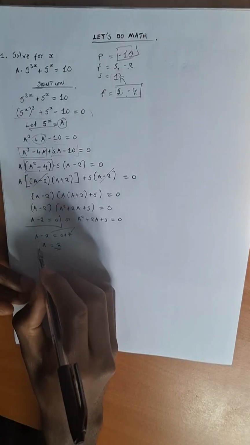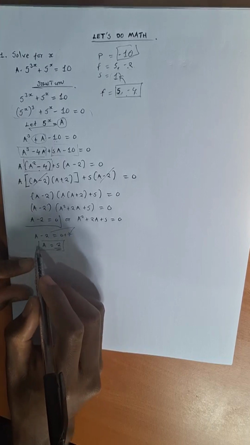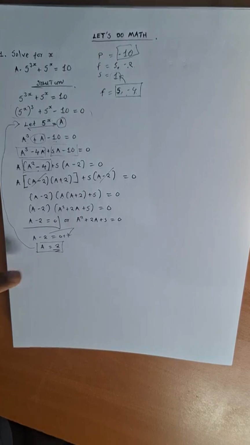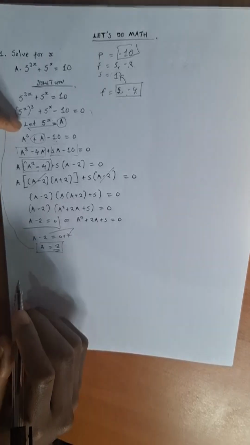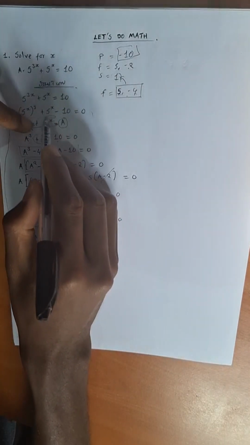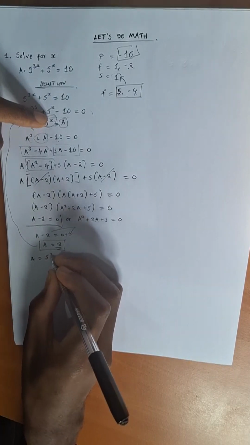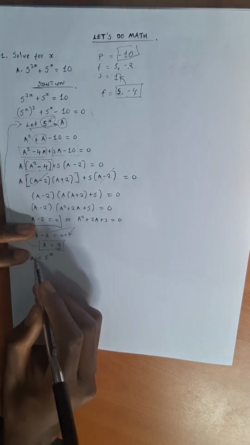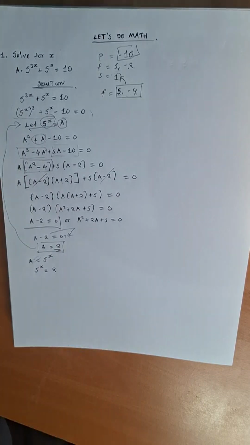So now that we found our a here, remember this a was just there to help us find a value that we can use to find x. So now this a is representing 5 power x. So a is equal to 5 power x. Now let's remove the a and put the value of the a. So 5 power x is equal to 2.